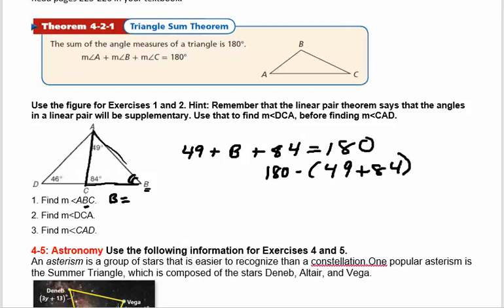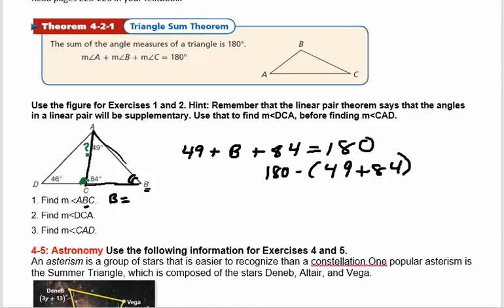For the next problem, angle DCA, here's D, here's C, we're looking for this angle down here, this green one. To find it, you'll need to know, let's see, DCA, we don't know this angle or this angle.